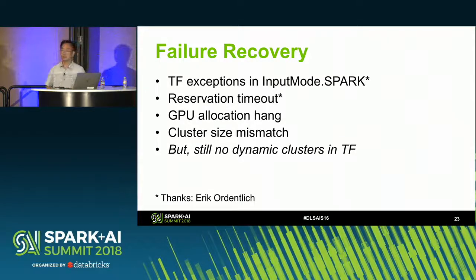But there's still no dynamic TensorFlow clusters. TensorFlow code currently assumes that your cluster spec is set. The way that it's done in most cases is through virtualized hosts, IPs, and ports. And in Spark and then Hadoop, we don't have that yet.